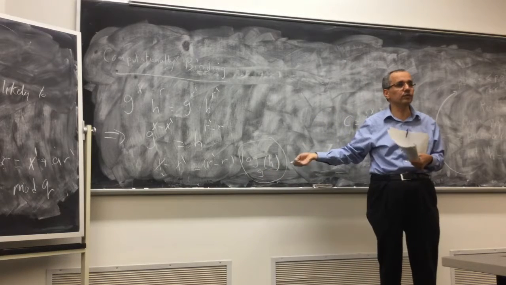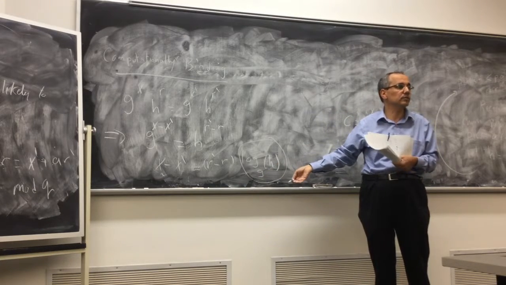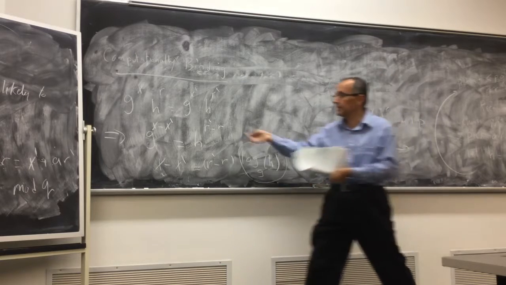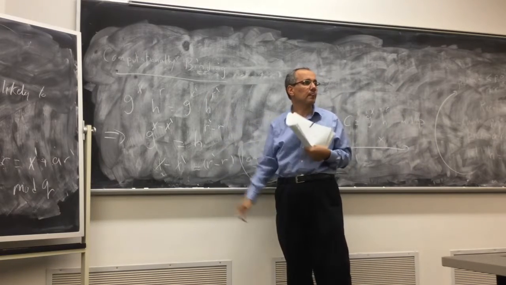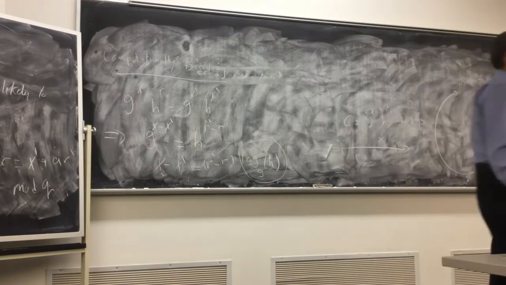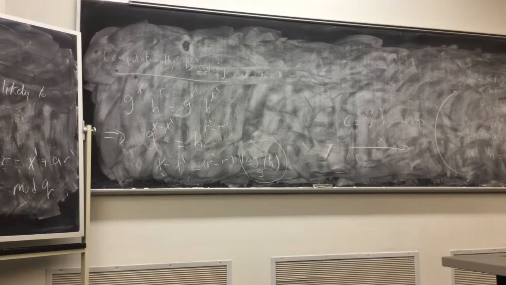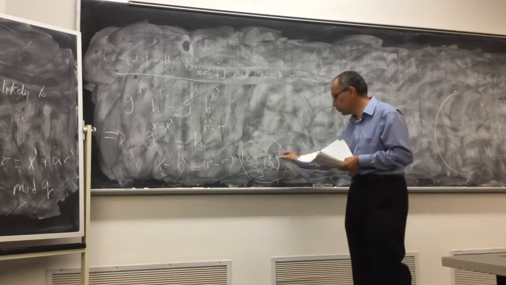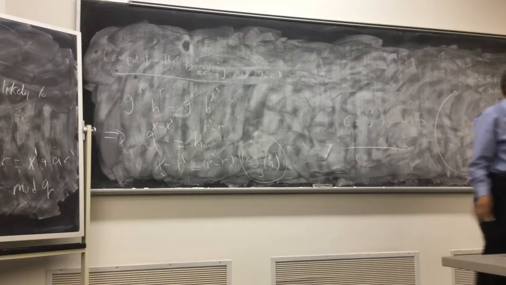But I know that solving a discrete log problem is computationally infeasible, which means that I must have started with the wrong assumptions. So it's a proof by contradiction, you can think of it this way. And again, this equation is satisfied modulo q, but it doesn't make a difference.